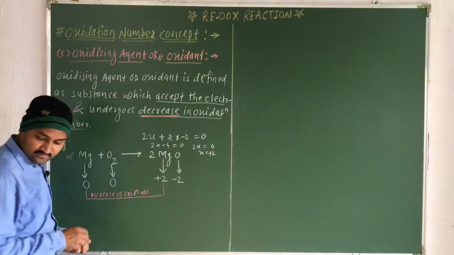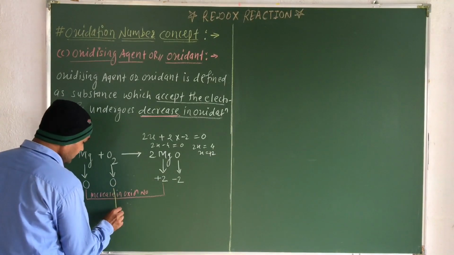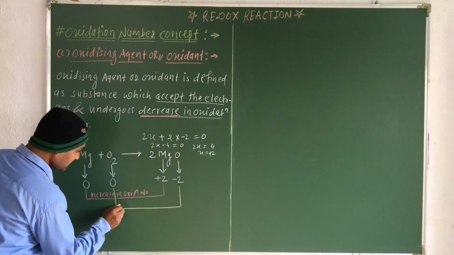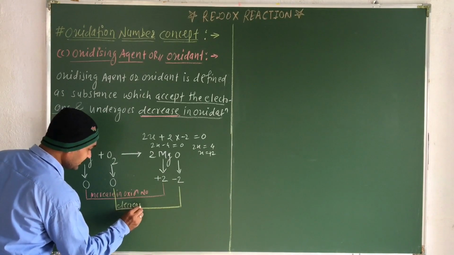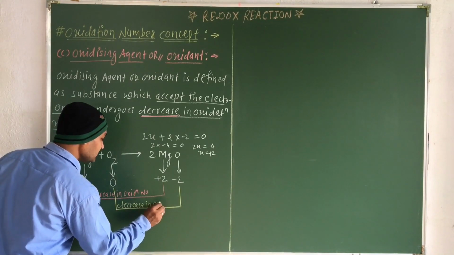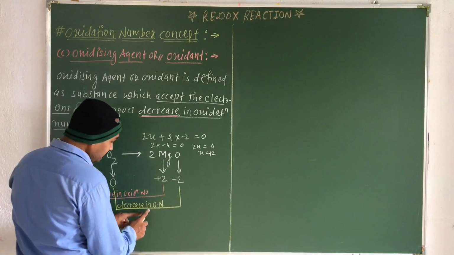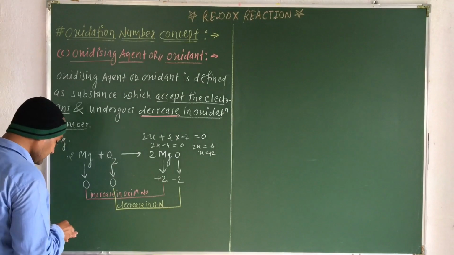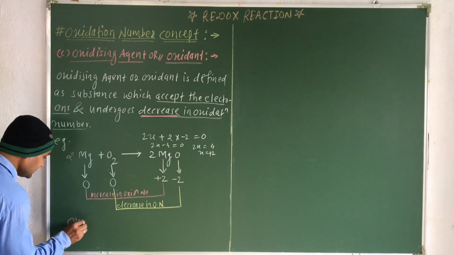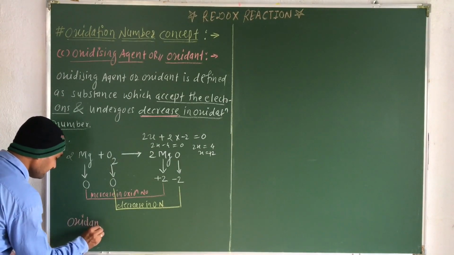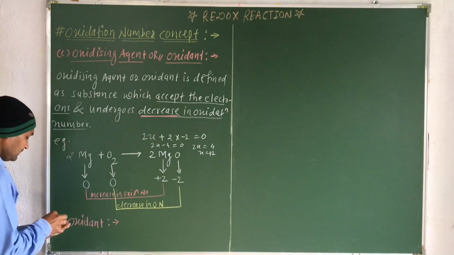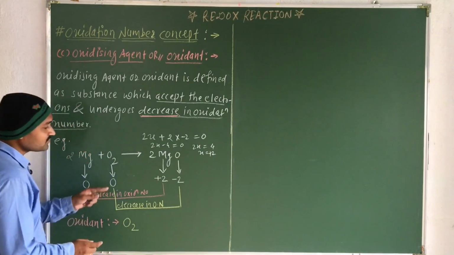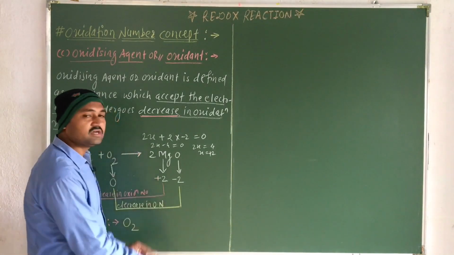But if we consider oxygen, it undergoes oxidation number 0 to -2, so obviously there is a decrease in oxidation number. So if there is a decrease in the oxidation number, your oxygen will act as the oxidizing agent. So which is our oxidizing agent or oxidant? That is nothing but your O2, which will act as an oxidizing agent in this reaction.